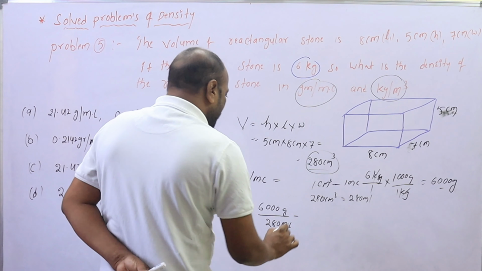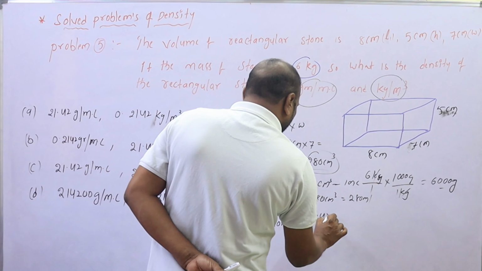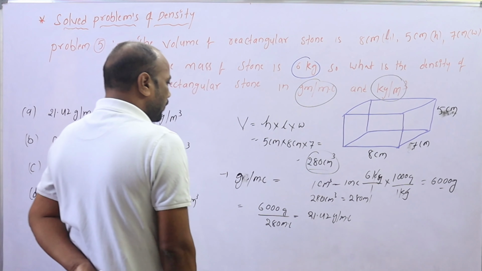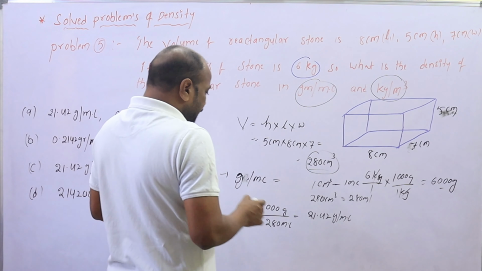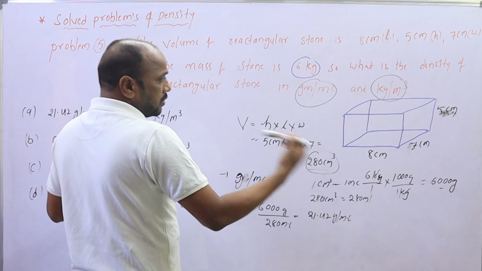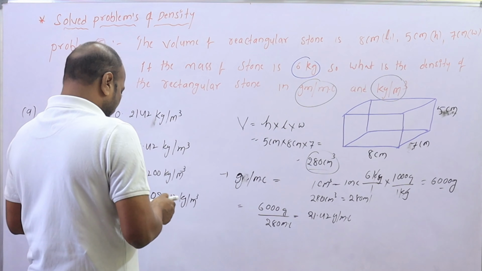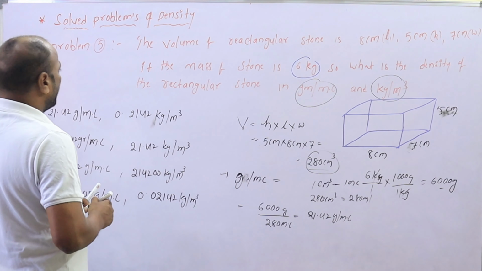So it is almost 21.42 gram per milliliter. It is the gram per milliliter. Now convert it to kg per meter cube. So gram per milliliter to kg per meter cube.